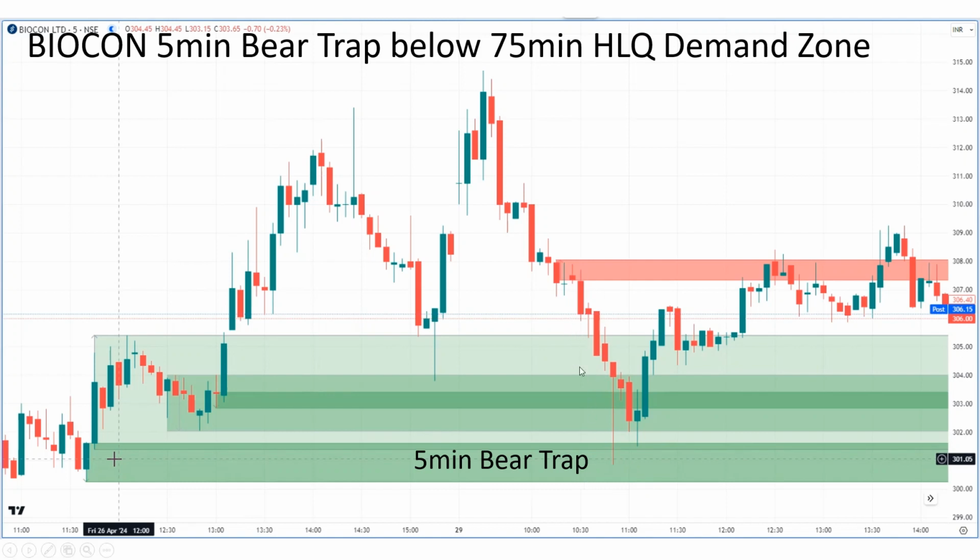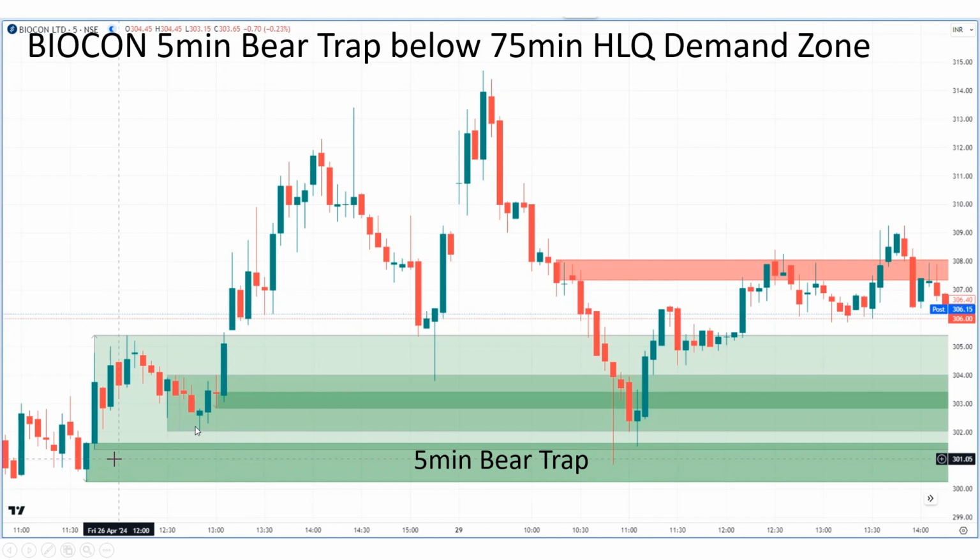When such a gap is there, it is very difficult to capture your stopped out trades. So that's why institutions make sure your 15 minute zones or 5 minute zones are near to the distal line of the zone. That's why always remember, if your fine-tuned zones are not near to the distal line, it need not be exactly at the distal line. It can be near.